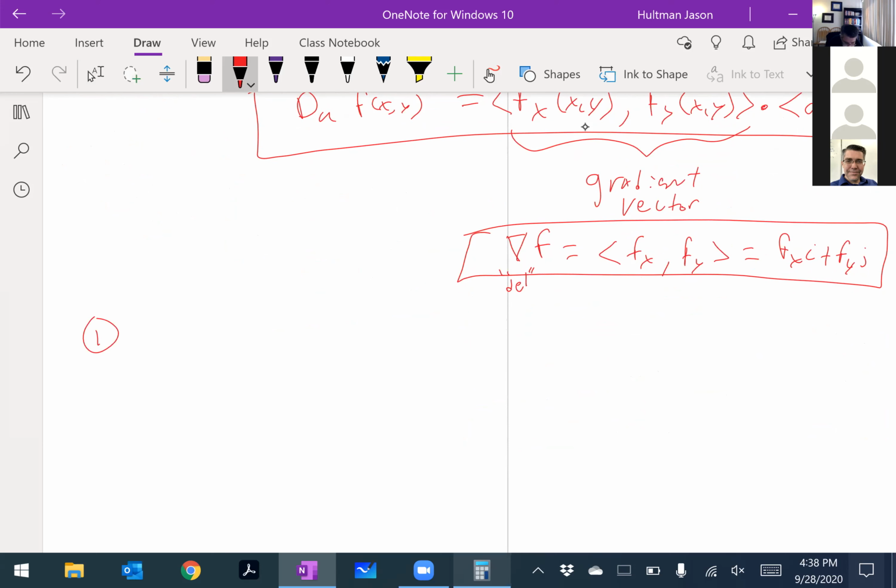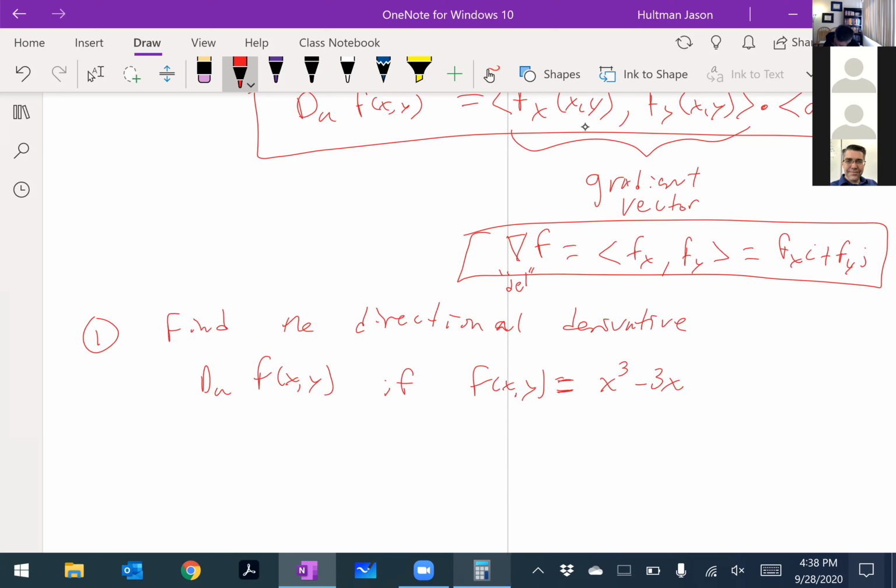Example number 1. Find the directional derivative, the derivative in the direction of some value, the directional derivative du of f of xy, if f of xy equals x cubed minus 3xy plus 4y squared.